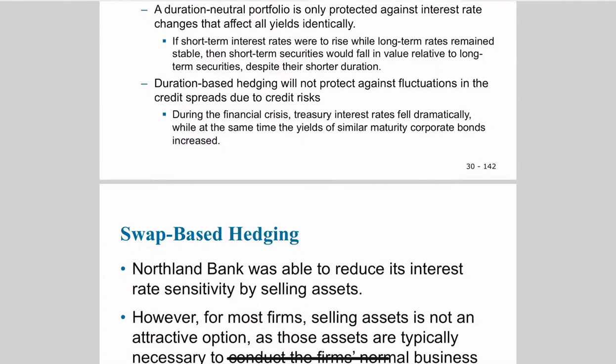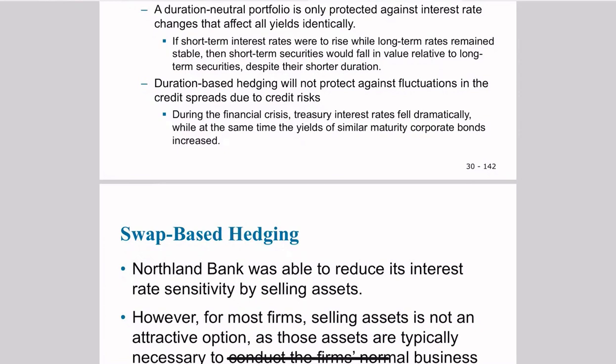So in the case of duration-based hedging, the basic idea is the firm's purpose is to make sure the value of the equity does not change with the interest rate. So to achieve this, the firm will want to make sure the duration of equity is zero.